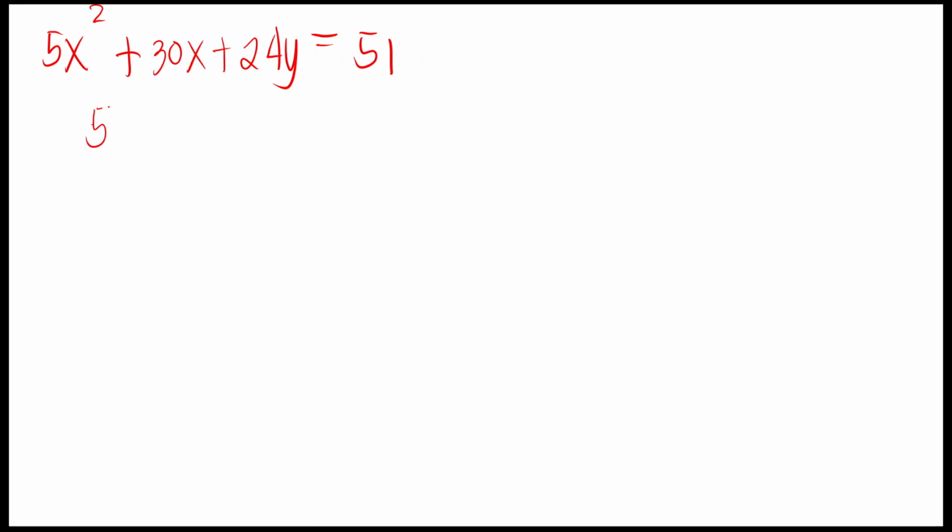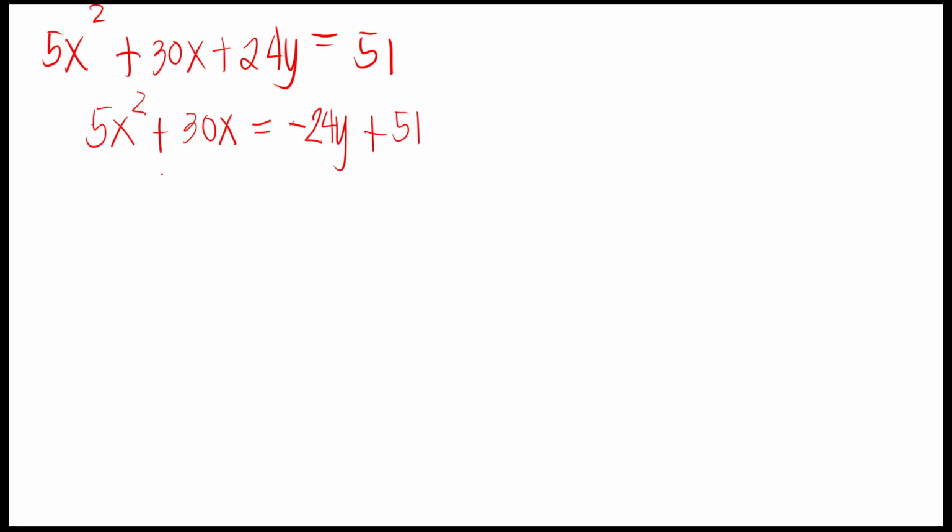Therefore, we keep all terms with variable x on the left side and transpose everything else to the right side. That means we transpose positive 24y, and we get negative 24y plus 51.